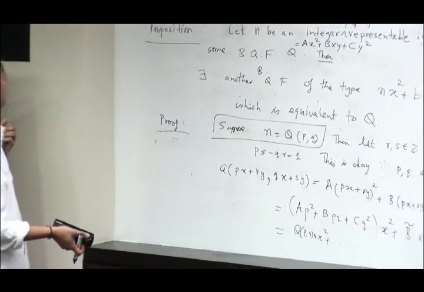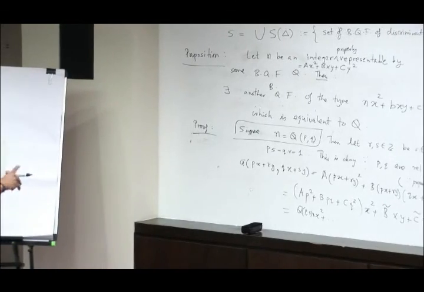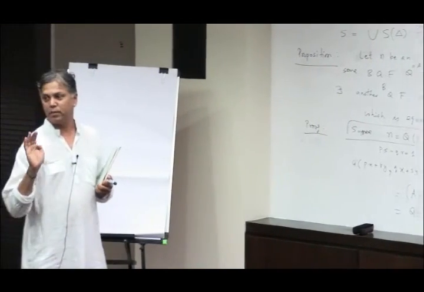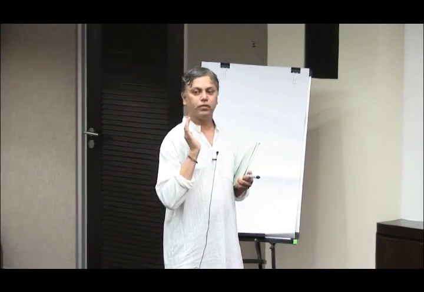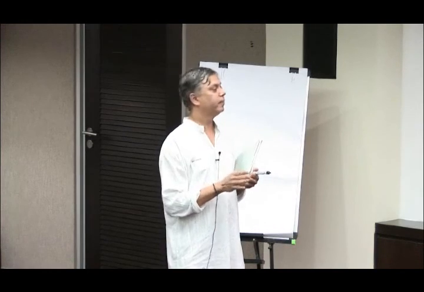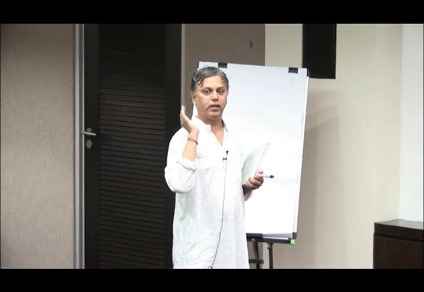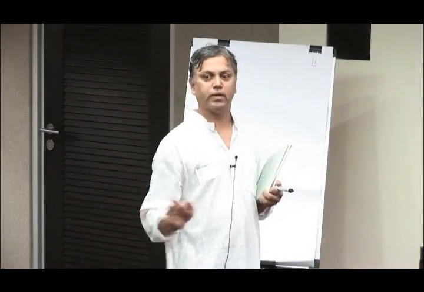And what is the main consequence? Let's just look at it. One is saying that if n is represented by a quadratic form, ax square plus bxy plus cy square, then there is a quadratic form which is equivalent to that quadratic form, which starts with n, meaning it is going to be n x square plus some b xy plus some c y square.